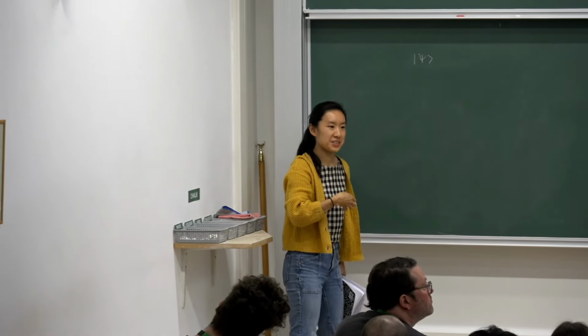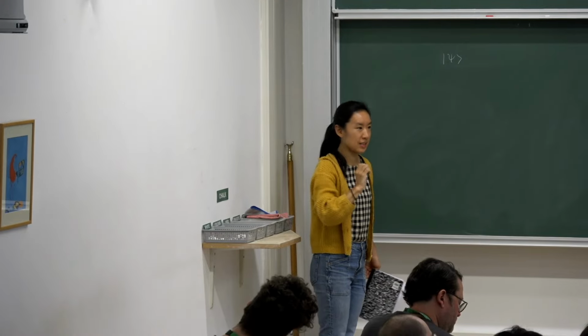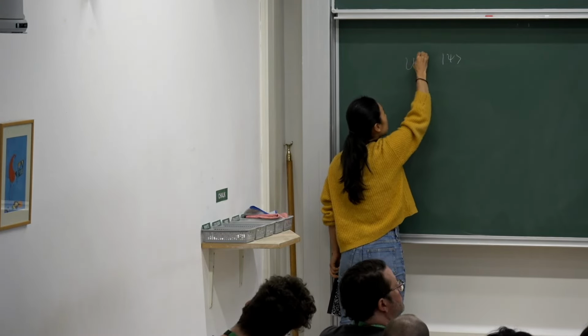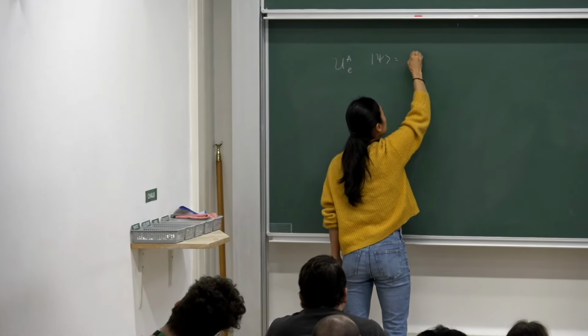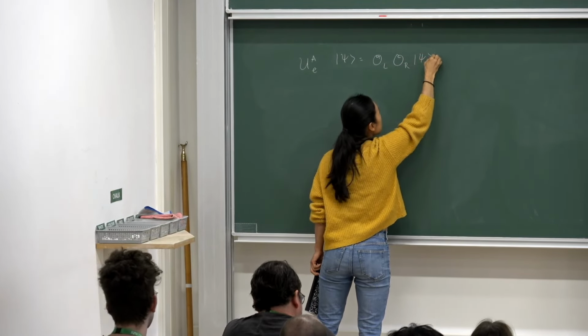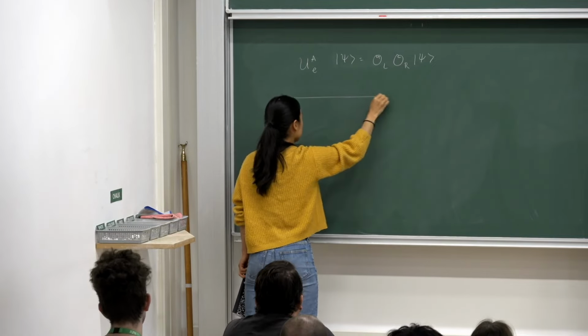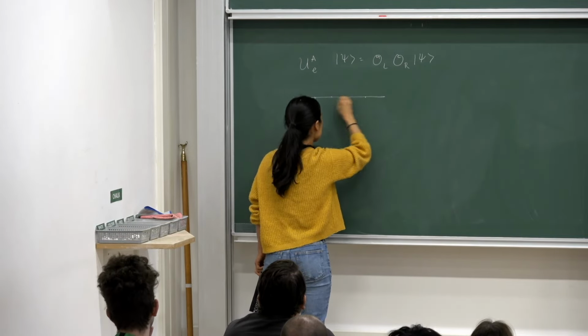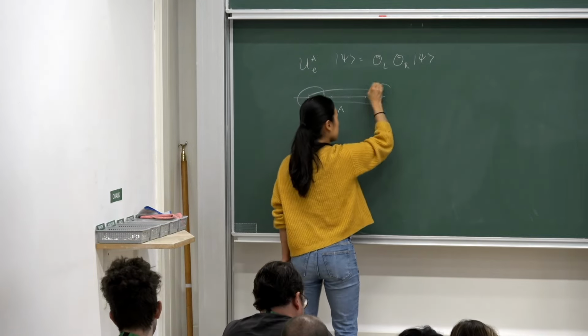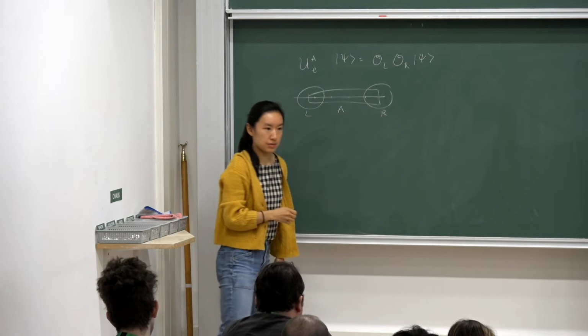so let's call this psi, and this psi can be either psi1 or psi2, it's just some symmetric state, and I act with U even restricted to region A, where the region A is some interval, with left and right endpoints.